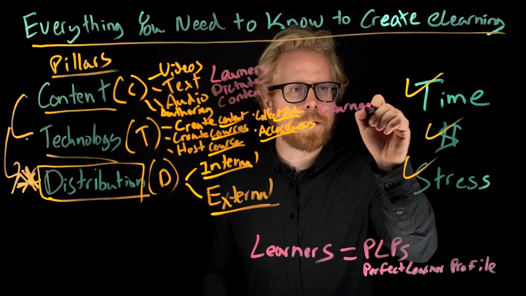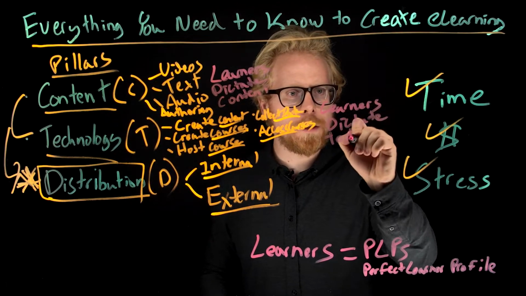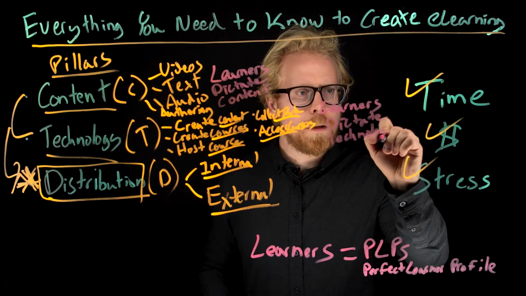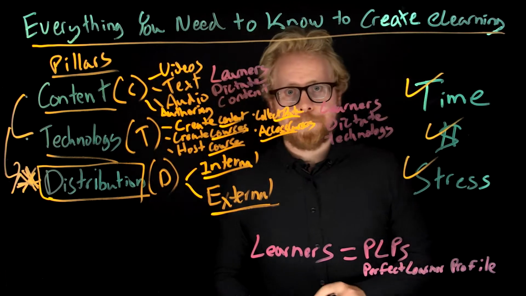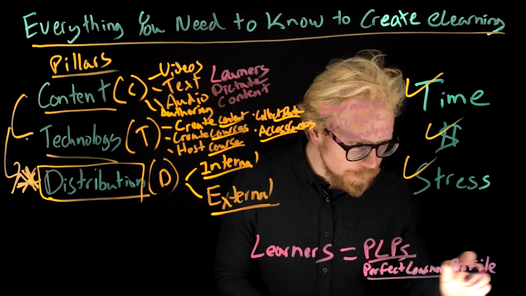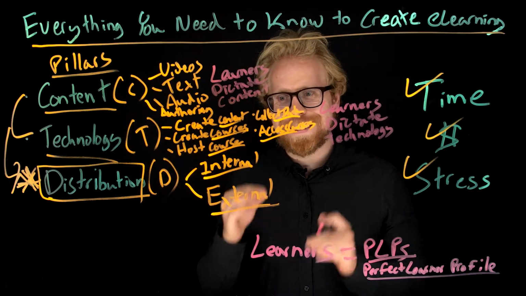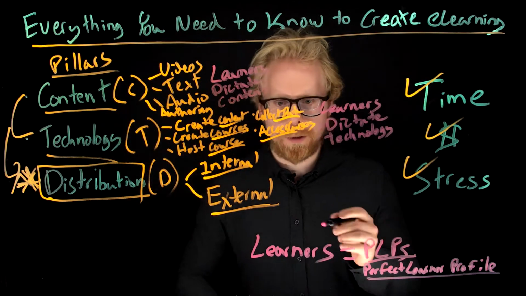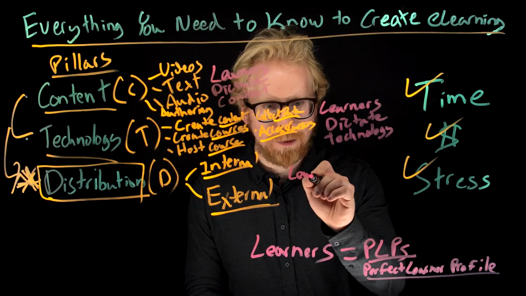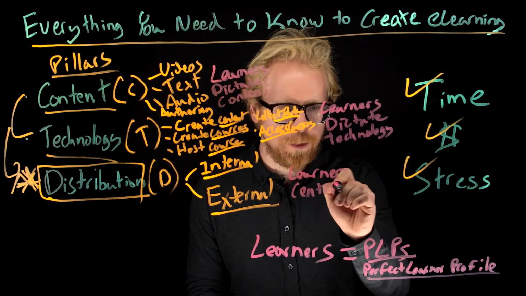Learners dictate technology. And then distribution. You got to know a lot about your learners, or your PLPs, these perfect learner profiles, in order to successfully distribute your course. So, yet again, learner-centric. It's another way of saying it.